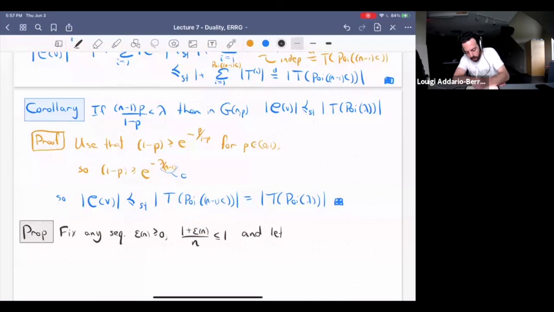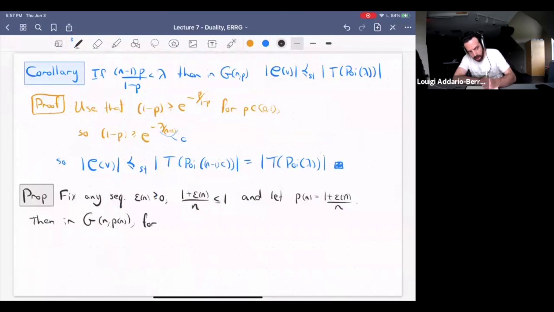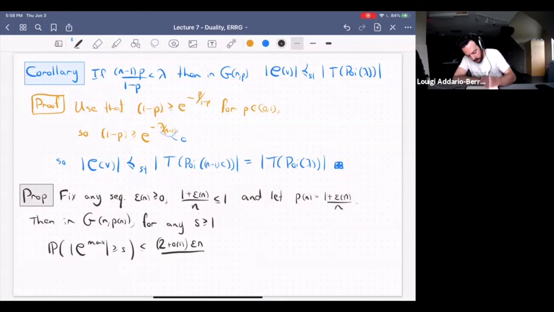And I'll let p be (1 plus epsilon)/n. Then in G(n,p), I'm going to get bounds on the probability that the largest component has size bigger than s. So that probability is at most (2 + o(1)) epsilon_n over s plus order 1 times (n over s) to the 3 halves.